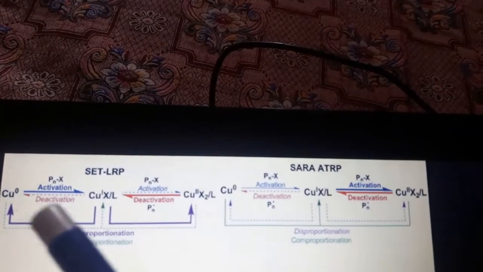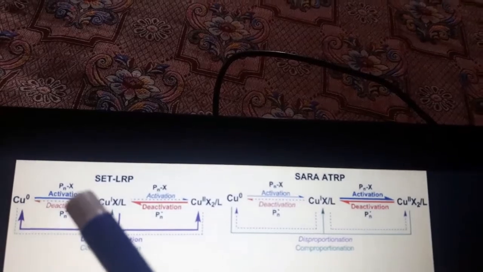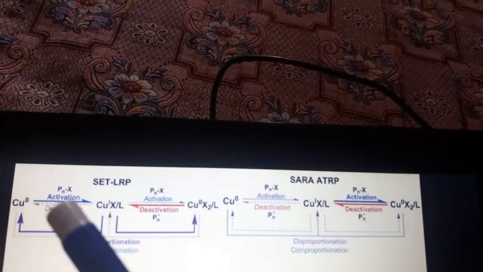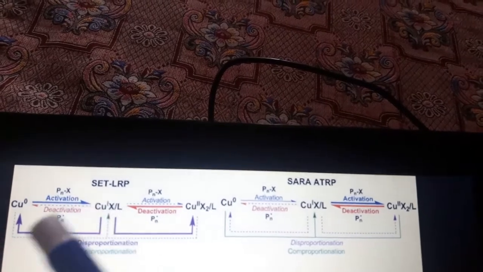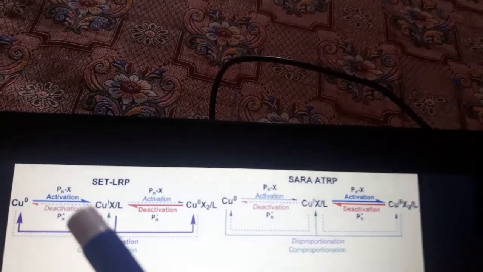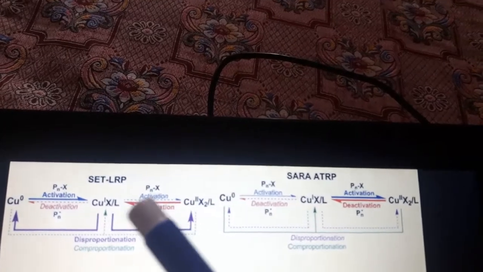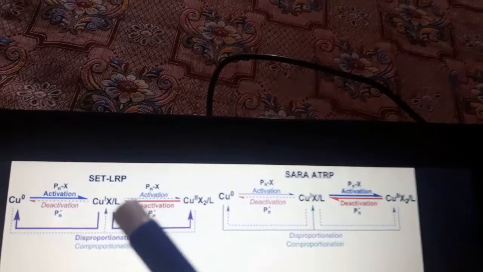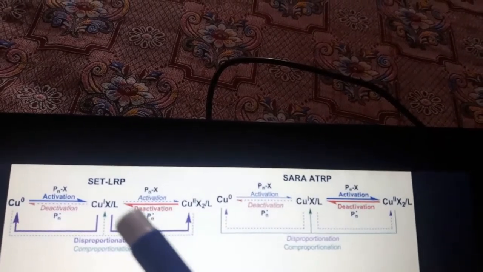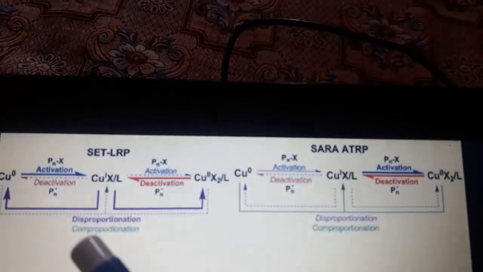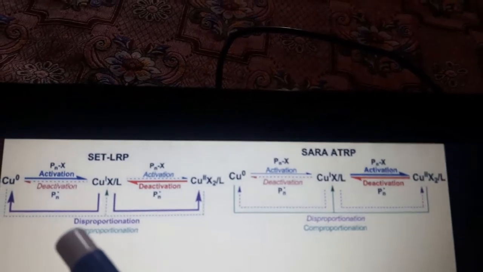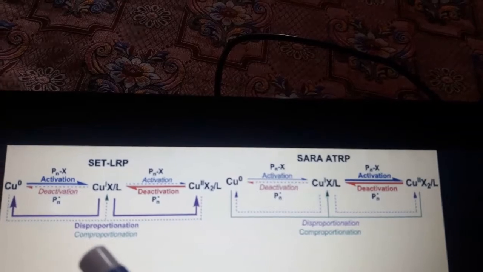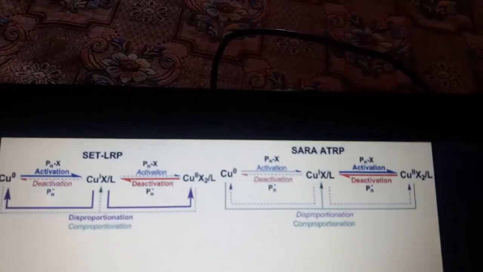So you can see that the major contributing reaction, activation, is done by copper in the zero oxidation state, which produces the free radical, and activation by copper in the +1 oxidation state is shown as minor, almost negligible, it can be neglected. The major mechanism in this case is disproportionation, shown in the blue line, and comproportionation is minor. So this is the main difference.